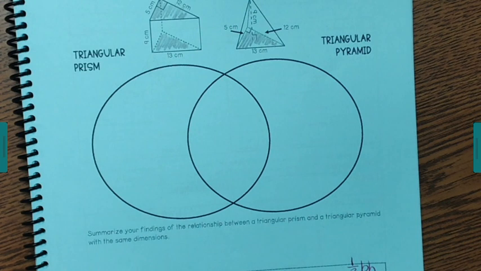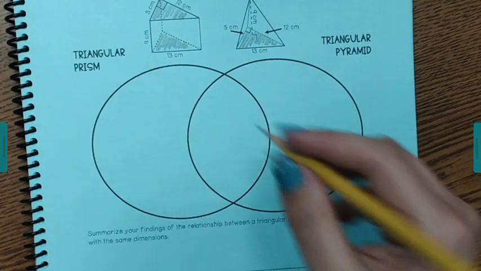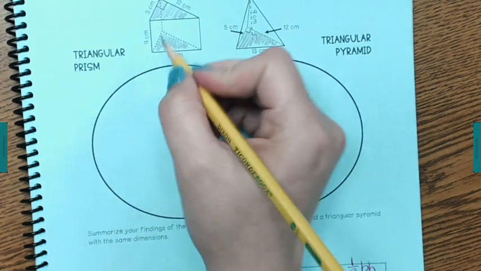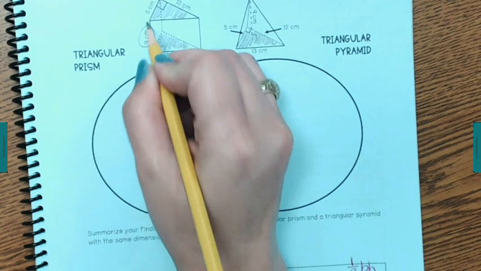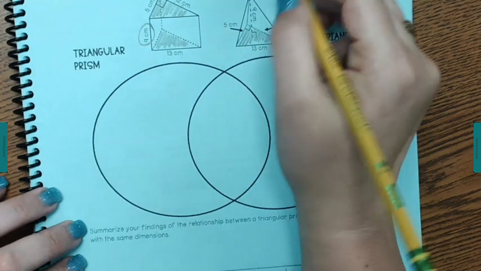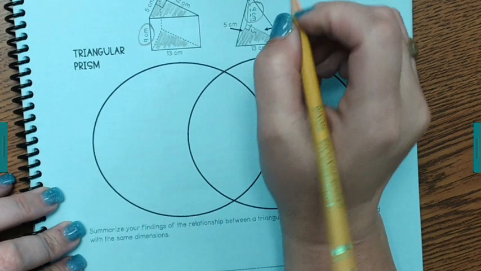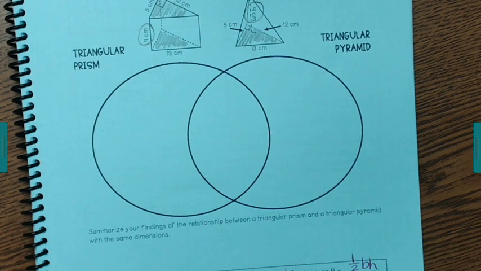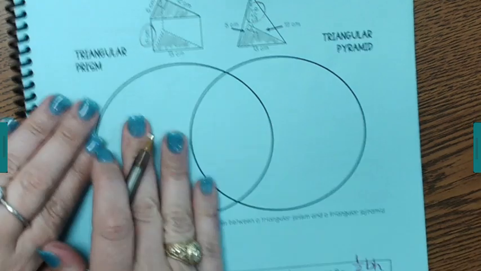All right. What is the height of this prism? 9, because remember your height is between your 2 bases. What is the height of this pyramid? 9. Okay, so do these look like they have the same dimensions? Okay, so let's just quickly review how to do the prism.